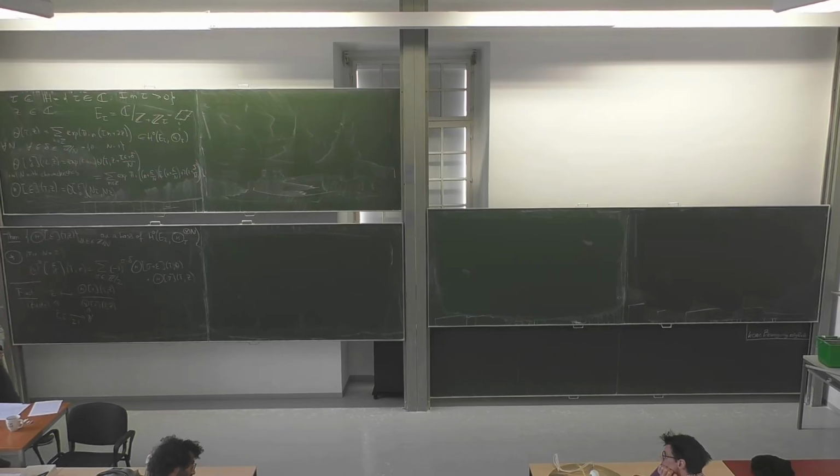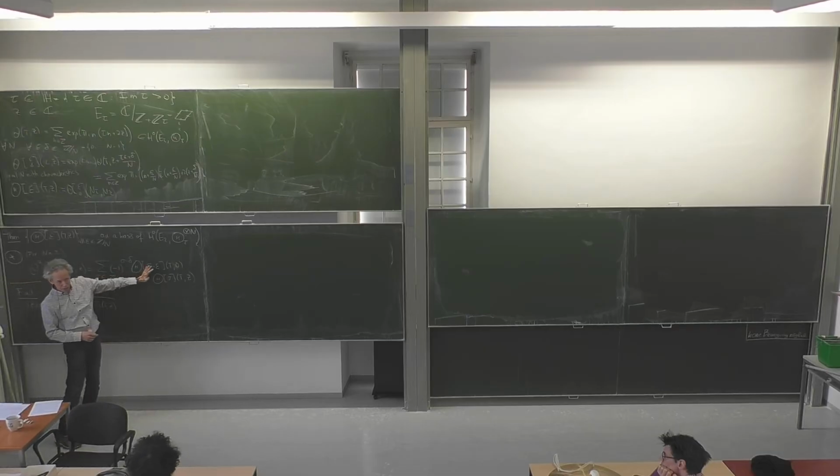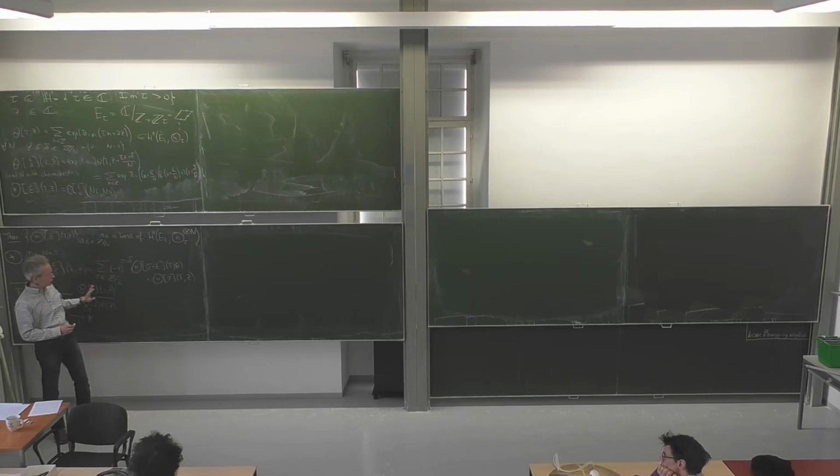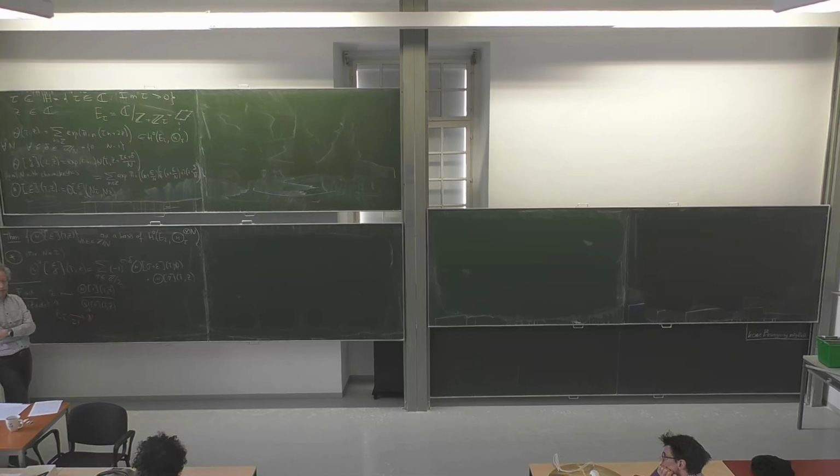How do we get the elliptic curve? You also said yesterday that you touched on it, but nevertheless, what about a formula for the Weierstrass function? Absolutely. You can write the Weierstrass function in terms of theta functions. The reason I'm not doing this is that the Weierstrass function is a meromorphic function.